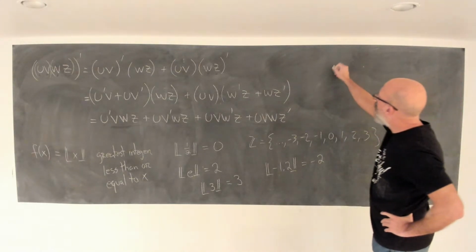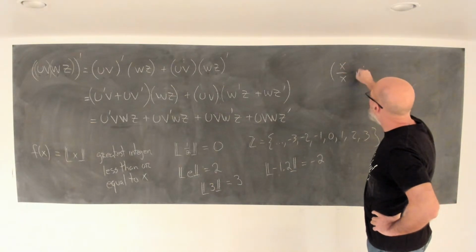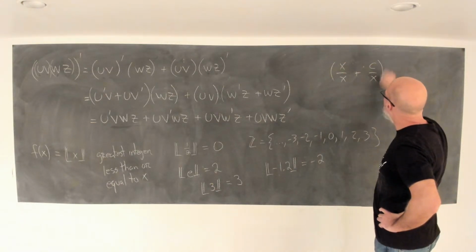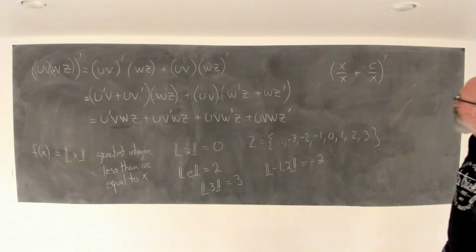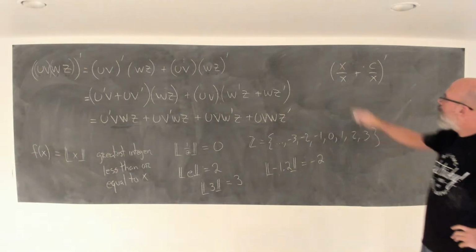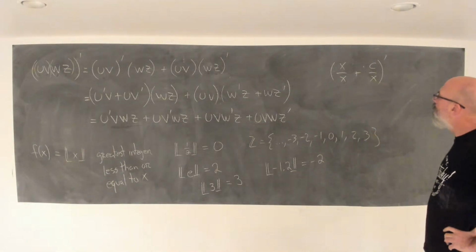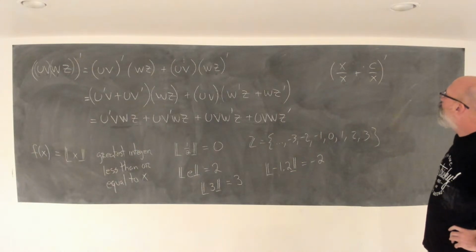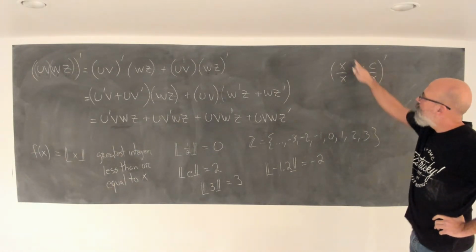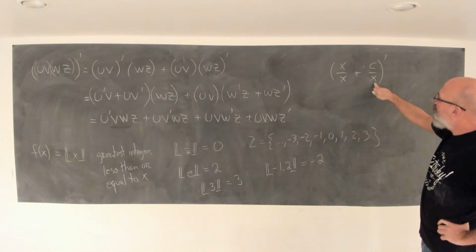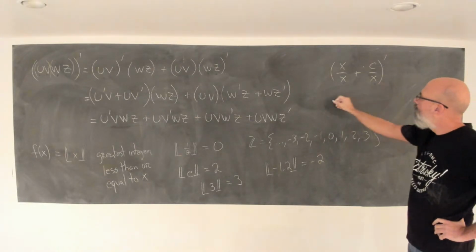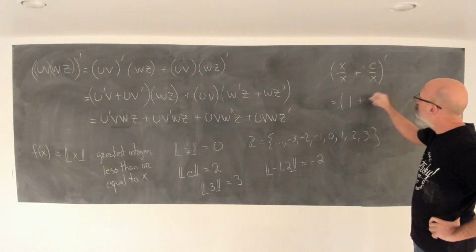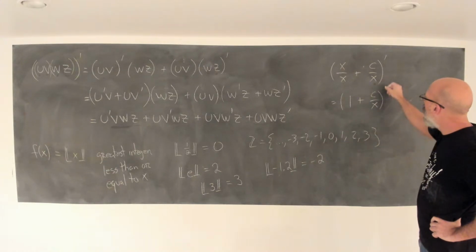Danielle wanted the derivative of x over x plus c over x. Well, I mean, x over x is just 1, right? As long as x is not 0, but x can't be 0 here either. So you could simply rewrite it this way.